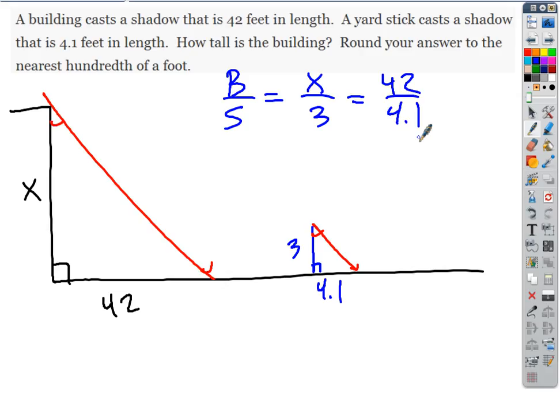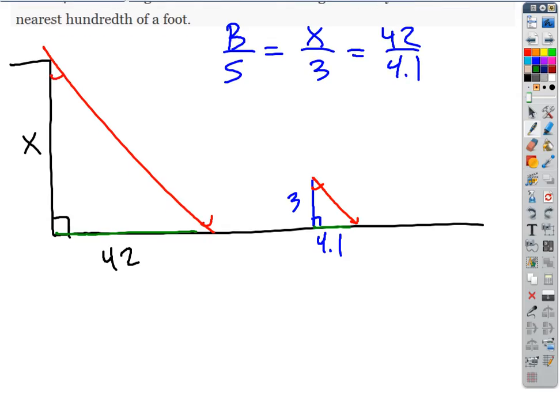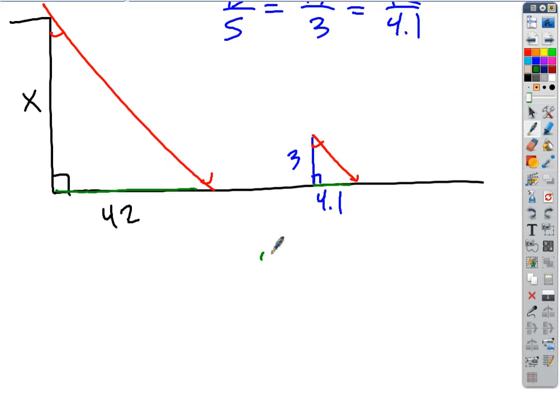So I could just take the ratio of corresponding sides. And what about these two right here? Those two are corresponding sides, right? Okay, so if I set up that ratio then, I'm going to get 4.1 over 42. That's a pretty small number, right? So that makes sense. Less than 1, because it describes a reduction. We're going to multiply all these measurements by this small number to get the reduced measurements, right?